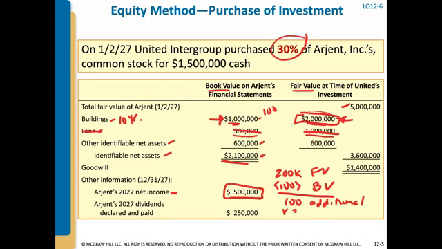However, we only own 30%, so we would have had additional depreciation expense of $30,000 had it been depreciated using the fair value. Additional depreciation expense would have meant a lower net income by $30,000, because depreciation reduces your net income.